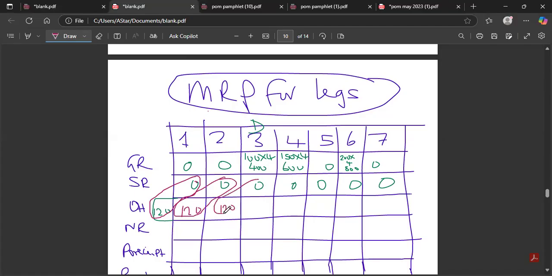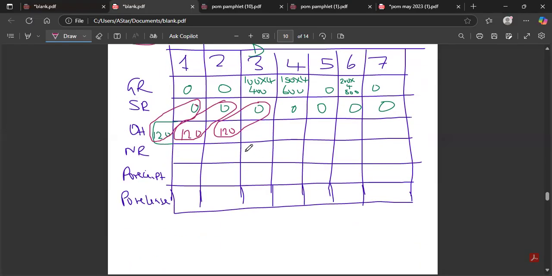Then here, what is 120 plus 0 minus 400? We are using lot for lot. What are we getting? We have a shortage of 280. Yes. So shortage of 280. Thank you that you are following.